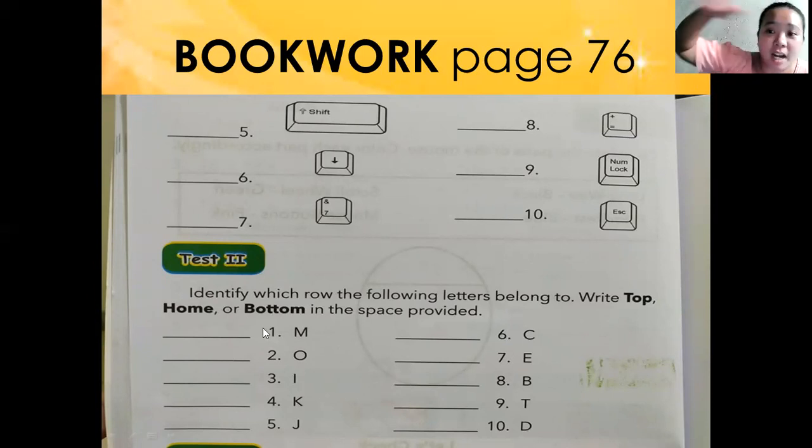We have the top, the home in the middle, and the bottom. You can look at your keyboard. So now look at letter M on your keyboard. Where can you find that one? Is it on top, home, or bottom? Okay, take a look at letter O. Is it on top, home, or bottom?